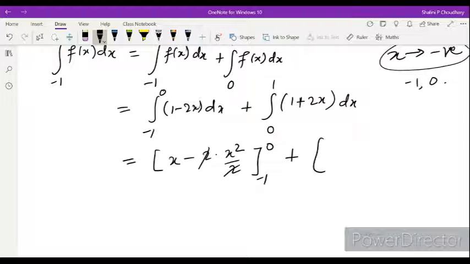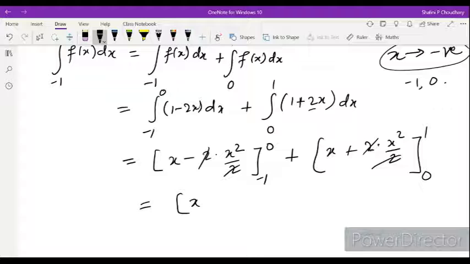Plus, integrating 1 we get x, and 2 into x squared upon 2; 2 as it is, so it cancels, from 0 to 1. So we are getting x minus x squared from -1 to 0 plus x plus x squared from 0 to 1.